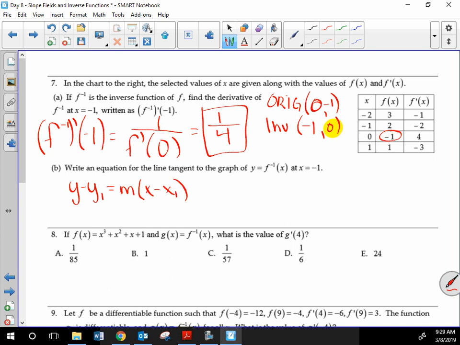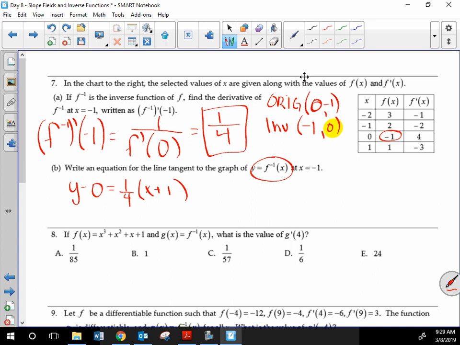Okay, so this is for my inverse, right? That means I need my slope of my inverse, which is the derivative. Slope is that one, 4. And we need the point for my inverse. And my point was -1, 0. So again, it's for my inverse. So -1, 0. So x minus -1, x plus 1. We're done.